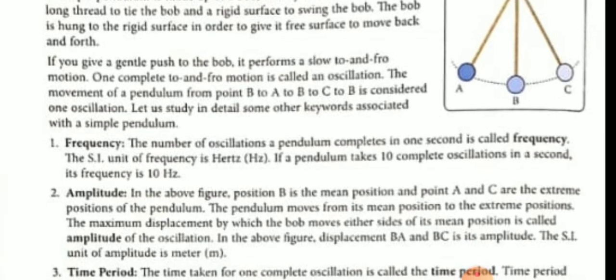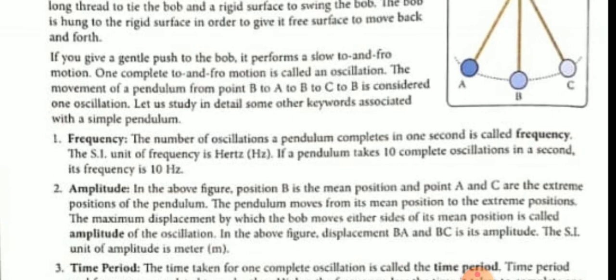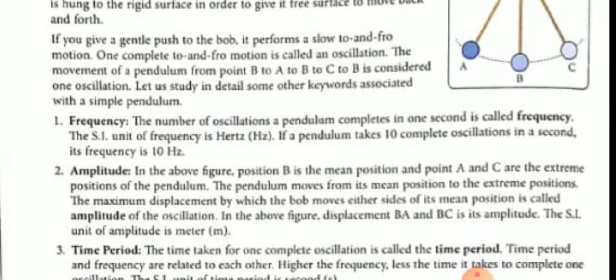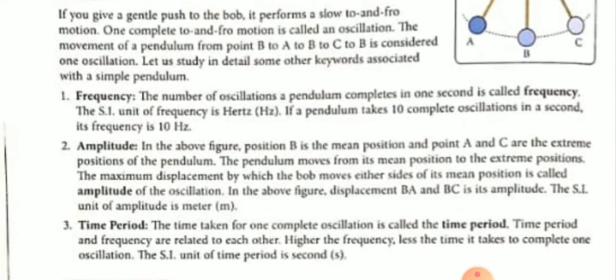And this to and fro motion, or back and forth motion, of the object is known as an oscillation or vibration. The movement of the pendulum from B to A to B to C to B is considered one oscillation. Once again, I will explain these in my next video.